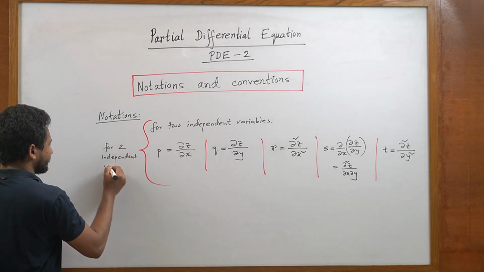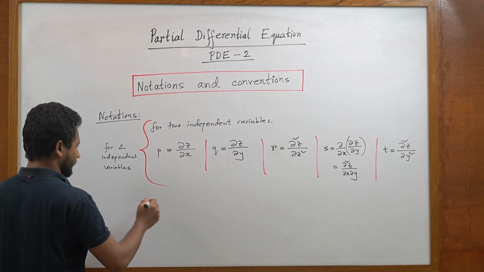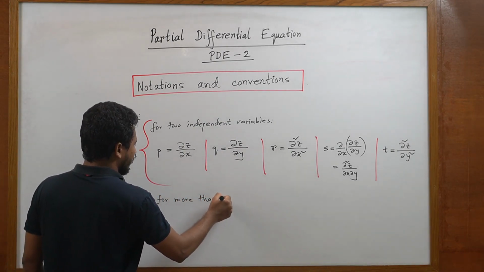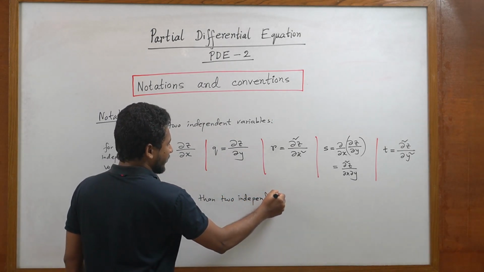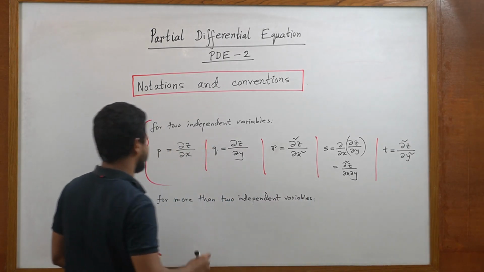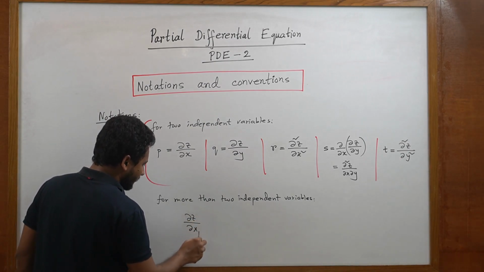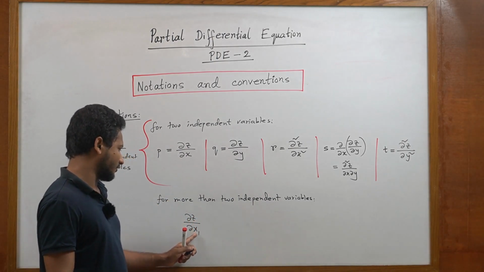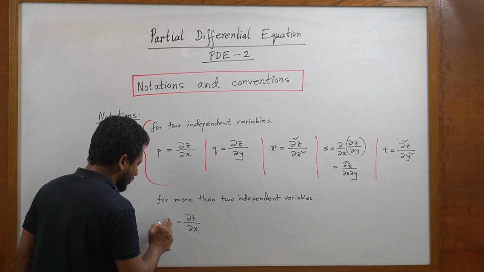But for more than two independent variables, del z del x1, that means the partial derivative of z with respect to x1, will be called smaller case p1.